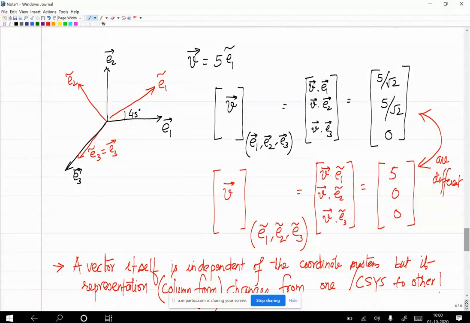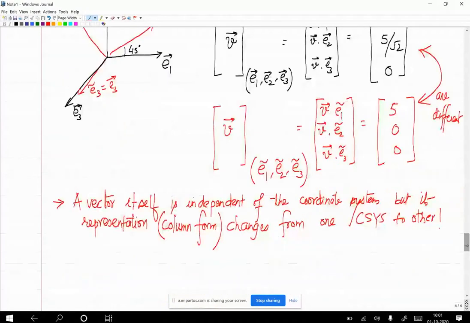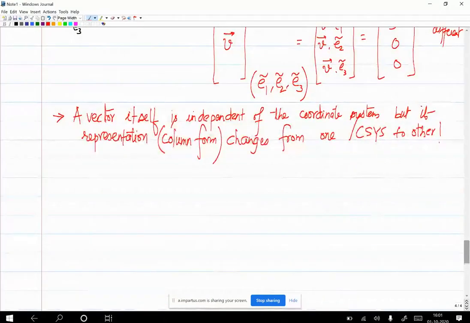Yeah. People really confuse themselves. So by vector we just mean a physical quantity, and column form is used to represent that physical quantity. Yeah, you can say that, but at the same time, as I told you, a vector need not always be a physical quantity. It can also be an abstract mathematical quantity. For example, a vector in 6-dimensional space or 100-dimensional space. It's not a physical quantity, but it's a mathematical abstract quantity.